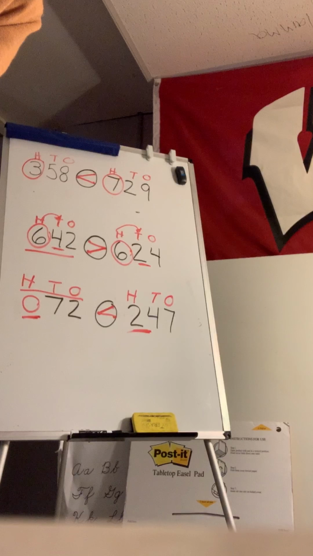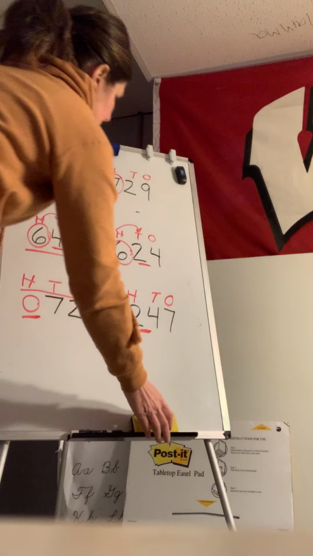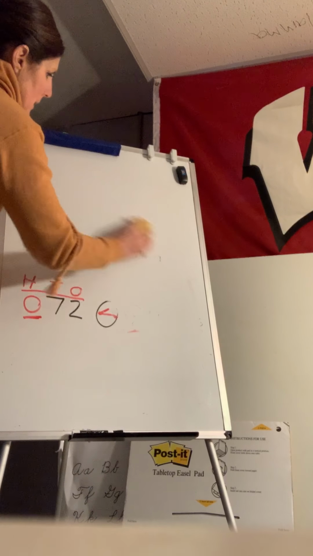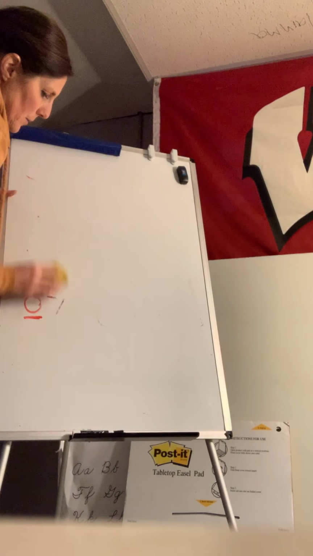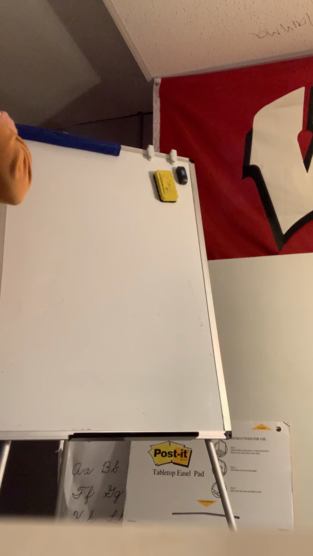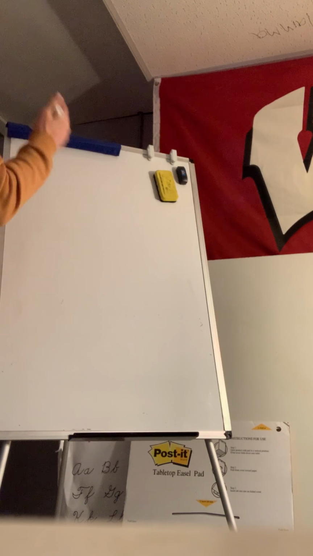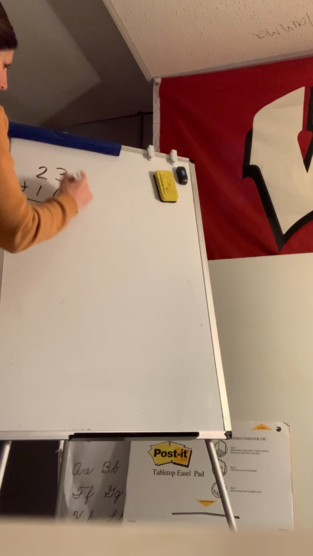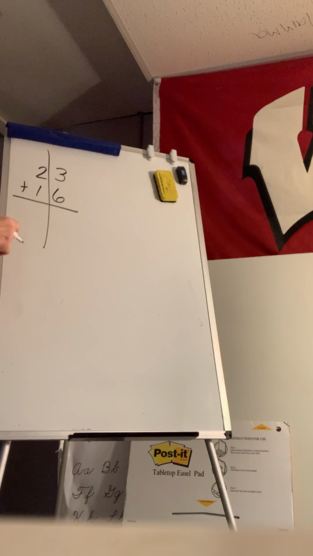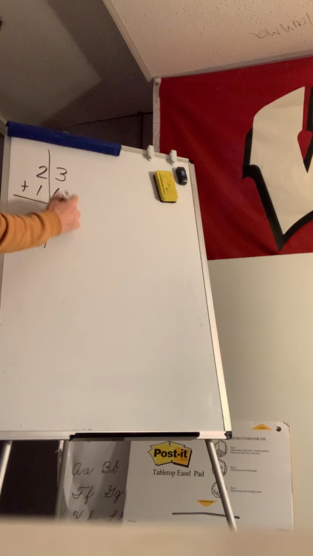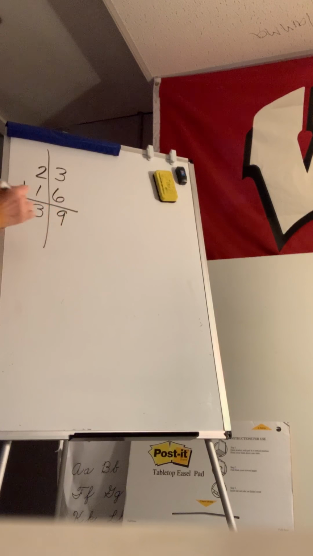All right, so let's get back here to our board. I'm going to erase this. And I'm going to do a couple examples with making a new 10, or regrouping, and also ungrouping. So if we have 23 plus 16, we have 3 plus 6 is 9. 2 tens plus 1 ten is 3 tens, 39.